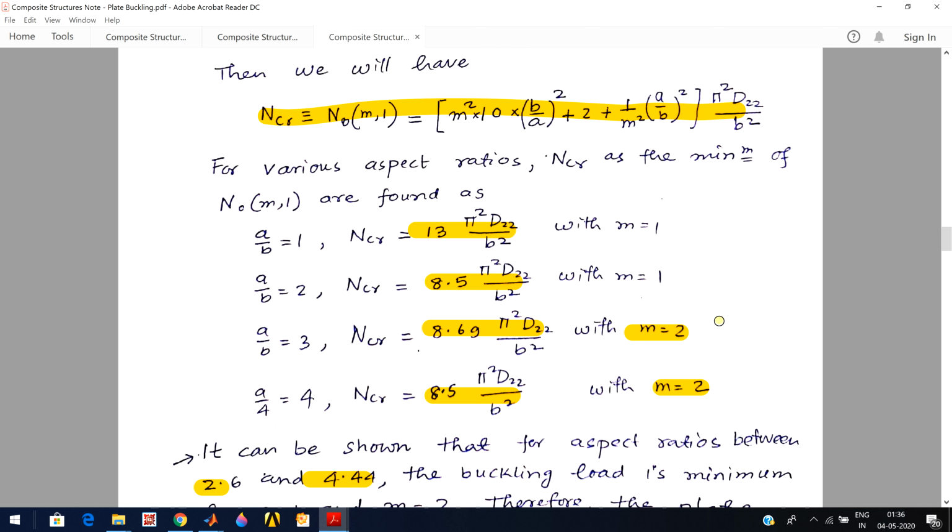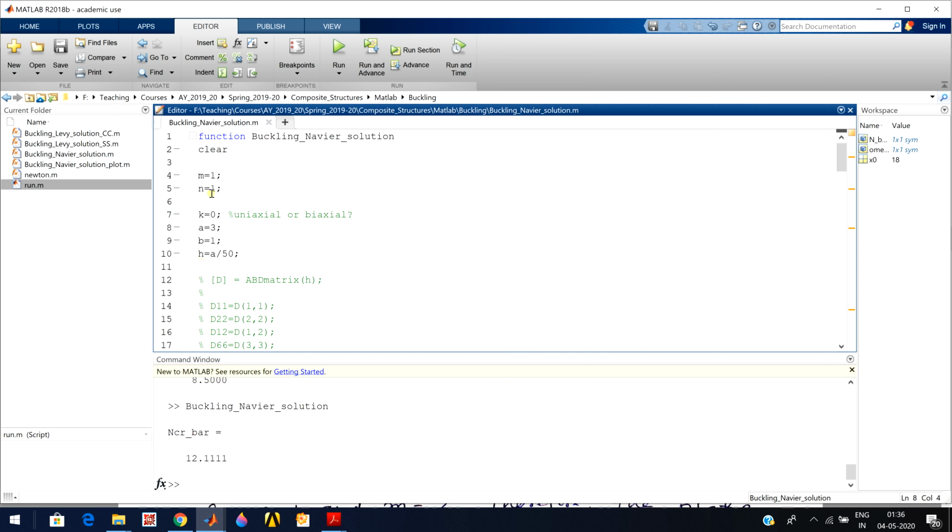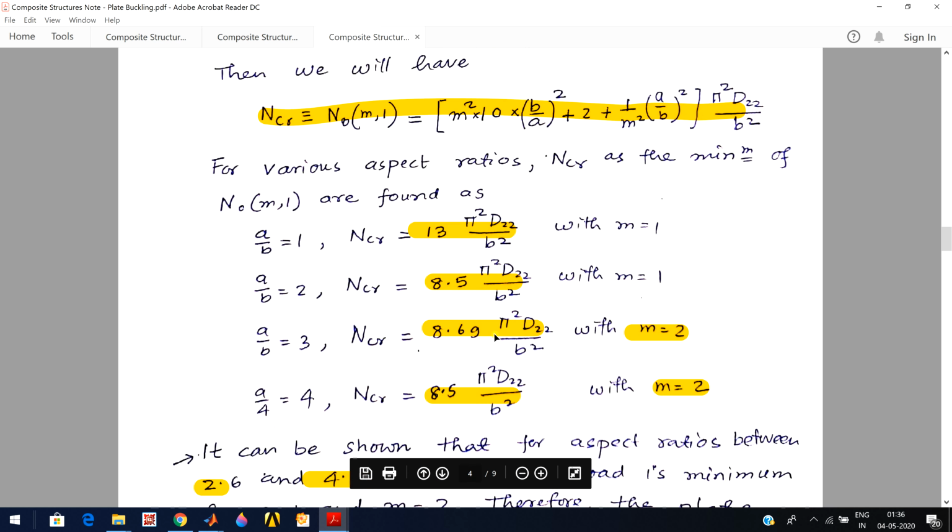I have just set m is equal to 1, so I am getting a higher value. The lowest value corresponds to m is equal to 2, which we can see from here. You can see 8.6944. So this is exactly that. For a by b equal to 4, you can also see this.